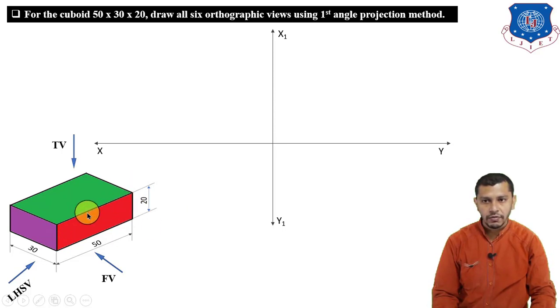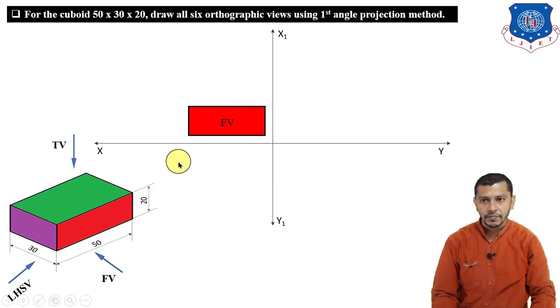This red surface of the cuboid gives us the front view. The length of the front view is parallel to the xy reference line and the height of the front view is parallel to the x1 y1 line.